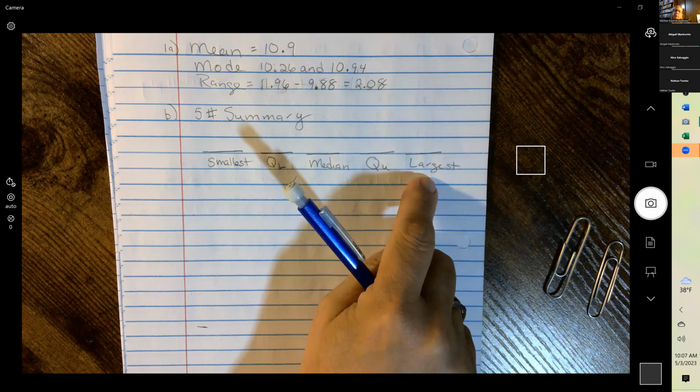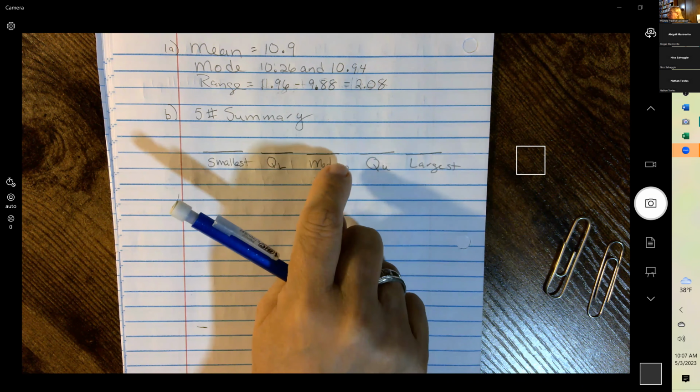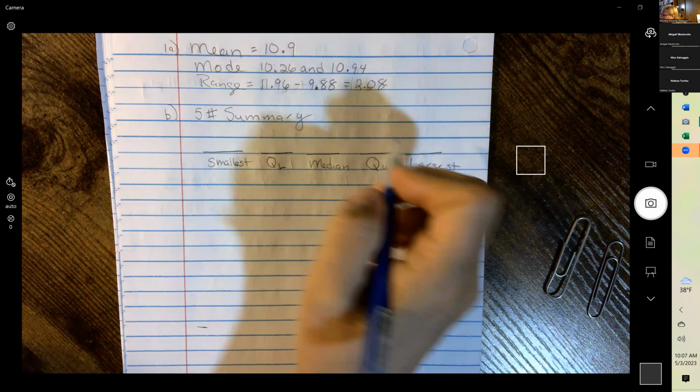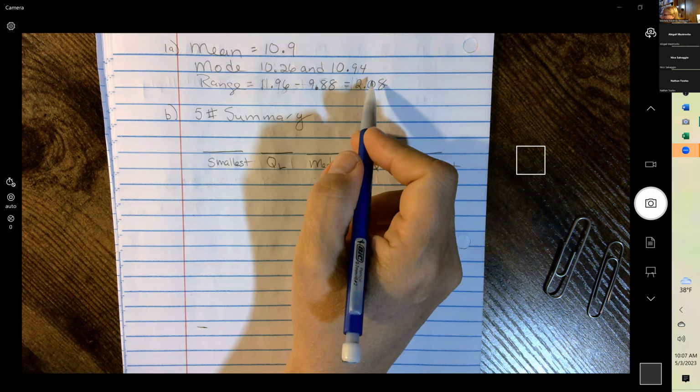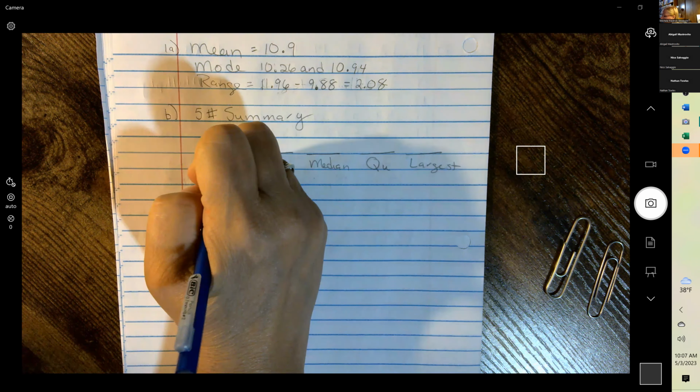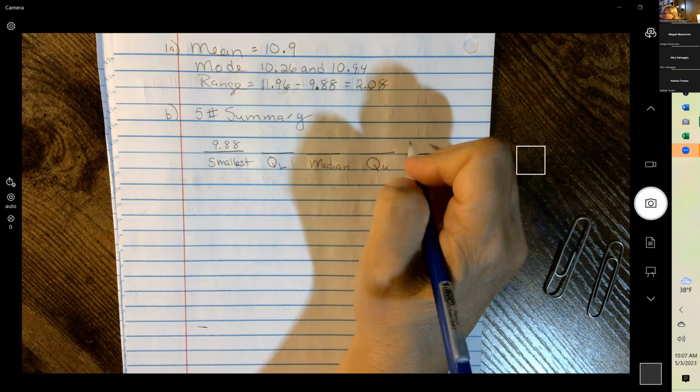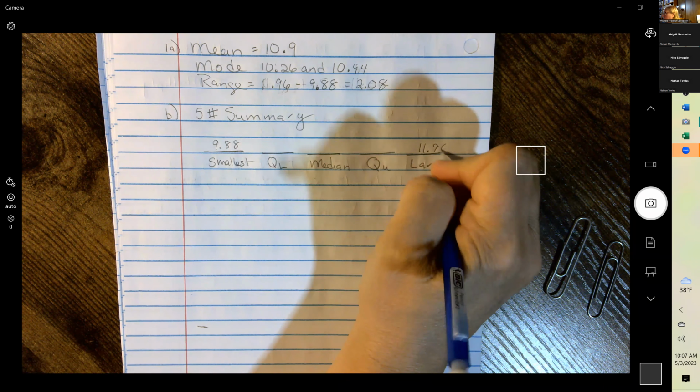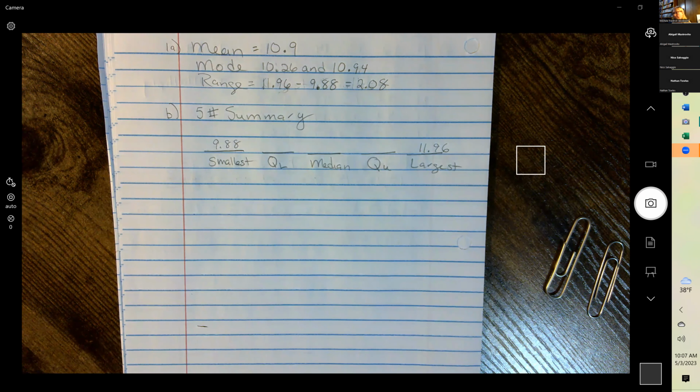Smallest, largest, median is the middle. The median is the middle number.